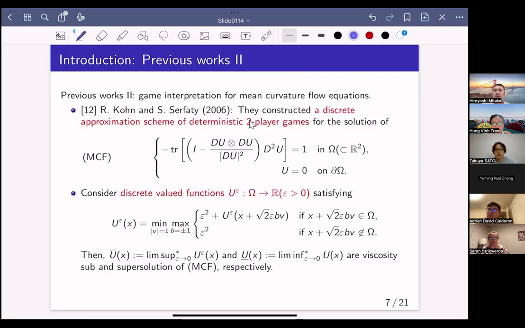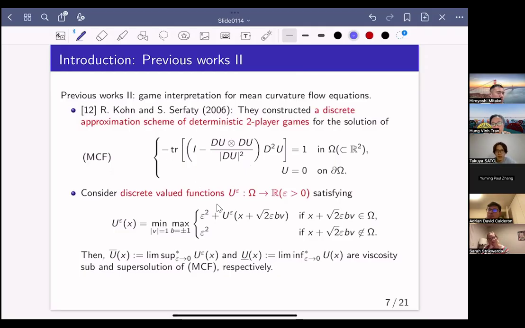By Kohn and Serfaty, they constructed a game interpretation for the simple mean curvature flow equation. But here, this is not an explicit solution formula, but a discrete approximation scheme for this equation.